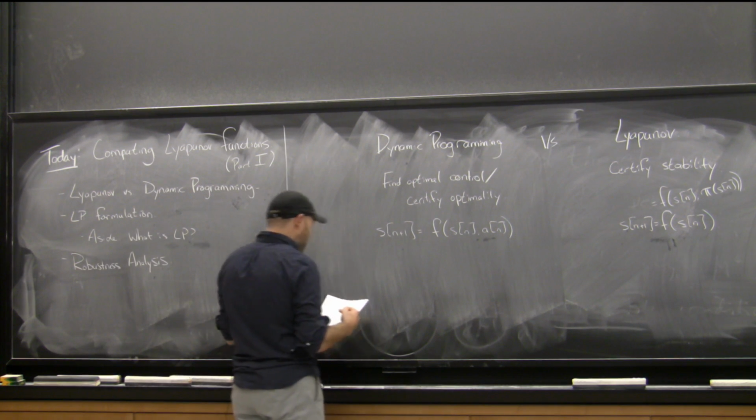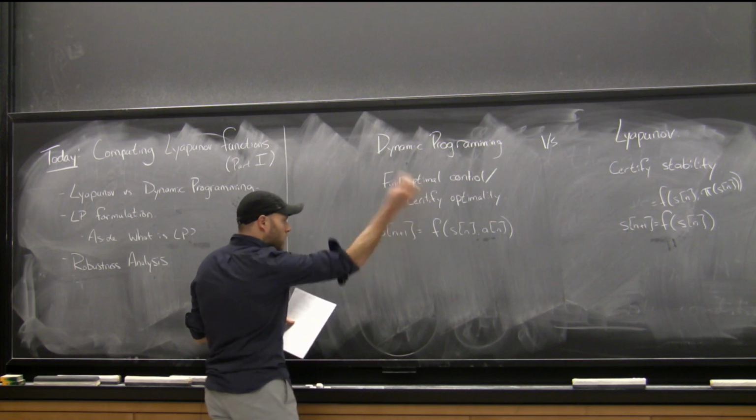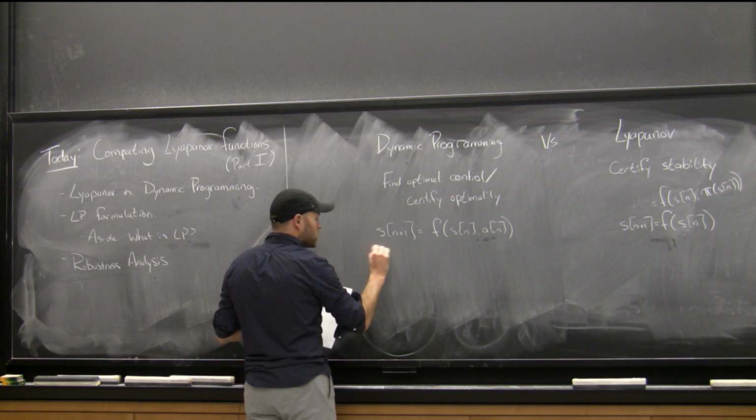The idea here was that we could write the cost to go function recursively.